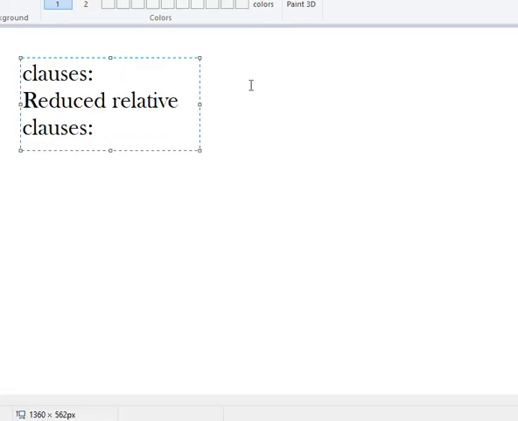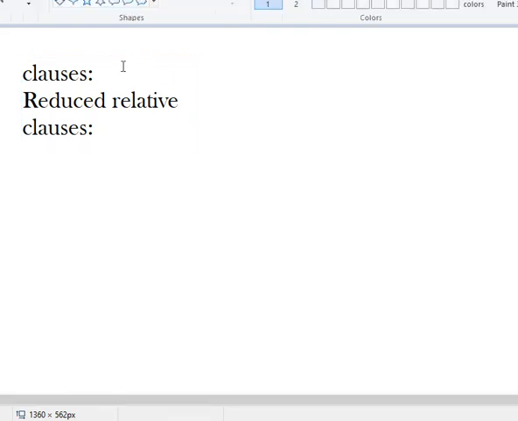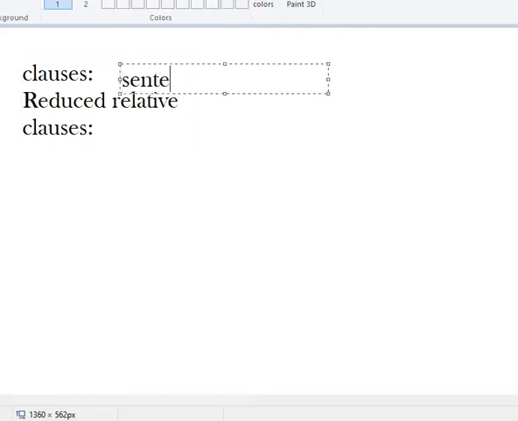So the clauses are like sentences, like the ones we have been working with, like the simple present and the past simple, but now they are attached to other sentences to complement other sentences. That's a clause. You see, you have a verb and subject.